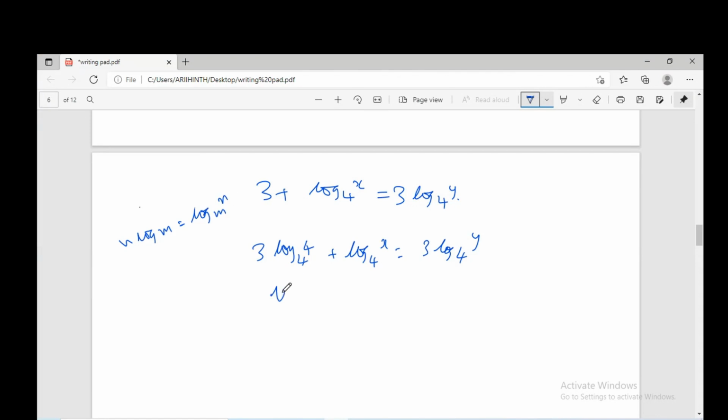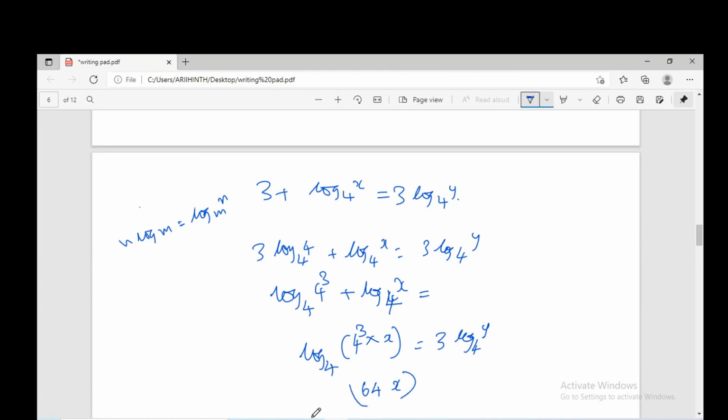Based on that, log of 4 into 4 power 3 is equal to log base 4 of x. Then we can write it as log base 4 of 4 power 3 into x is equal to 3 into log of base 4 into y. Okay. Now next step. So 64x.